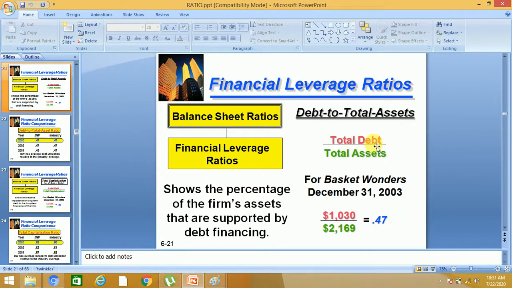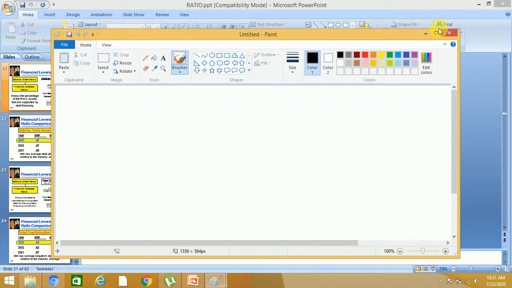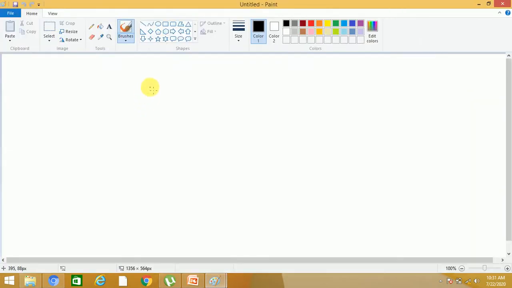What is the formula? Debt to total assets ratio is equal to total debt divided by total assets. Now you know about this accounting equation: assets is equal to liabilities plus owner's equity or capital.